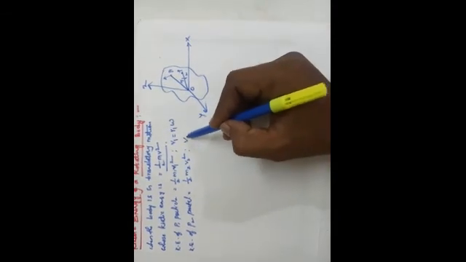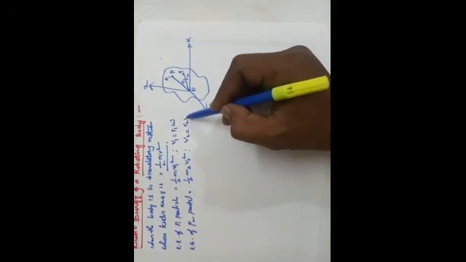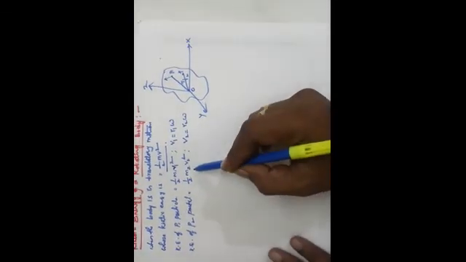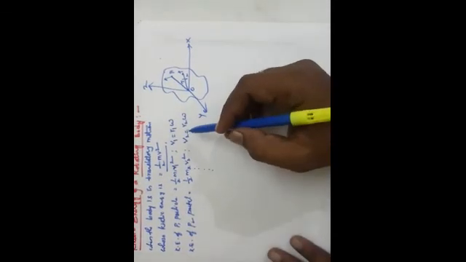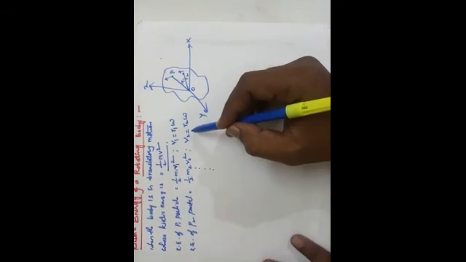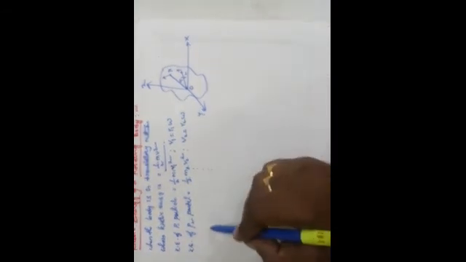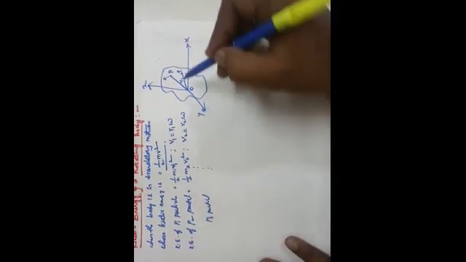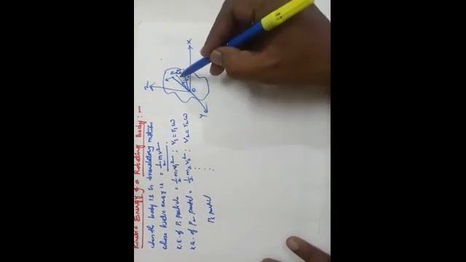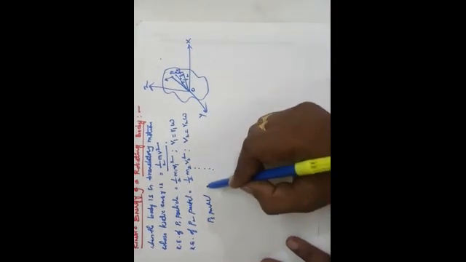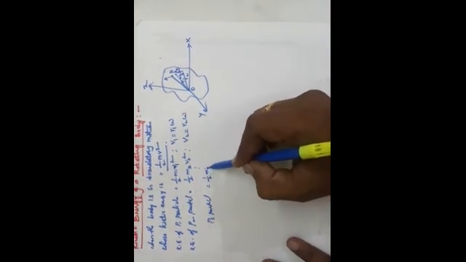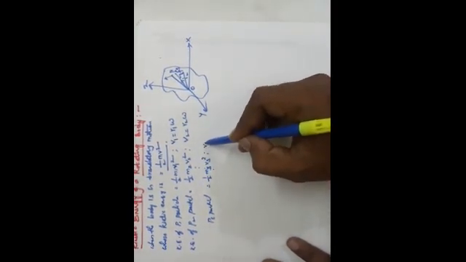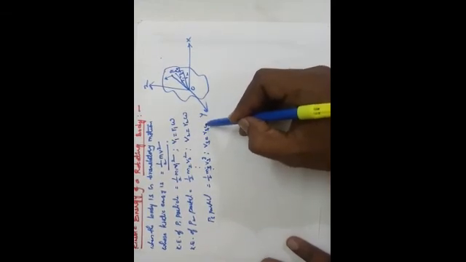Here v2 is equal to r2 omega. Similarly, take the P3 particle at distance r3. Here we get half m3 v3 square, where v3 is equal to r3 omega.